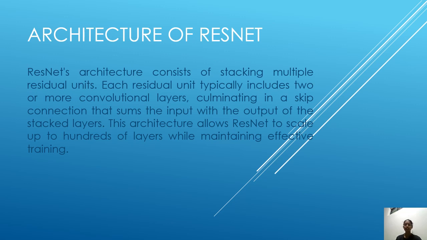In the architecture of a residual network, there are many stacked residual units, and each residual unit typically includes two or more convolutional layers culminating in a skip connection. This sums the input with the output of the stacked layers.